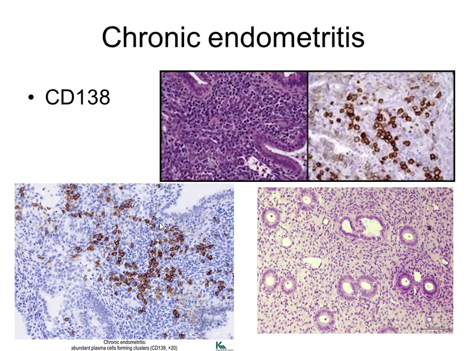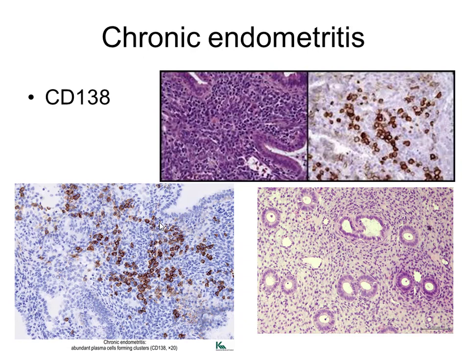When the woman wants to have a baby, implantation is impossible because of the chronic inflammatory process in the uterus, and there are no other clinical symptoms, no pain, no discharge from the uterus, etc. Only infertility. So how can we diagnose it?